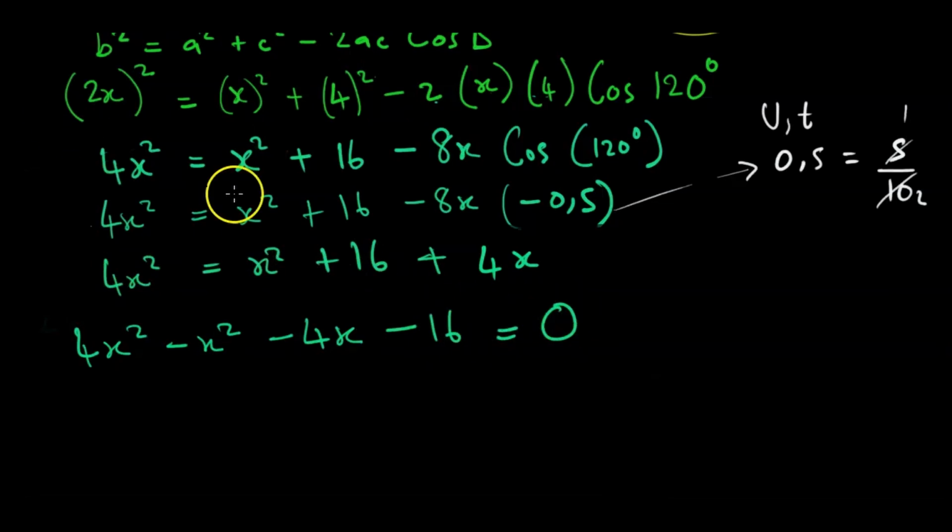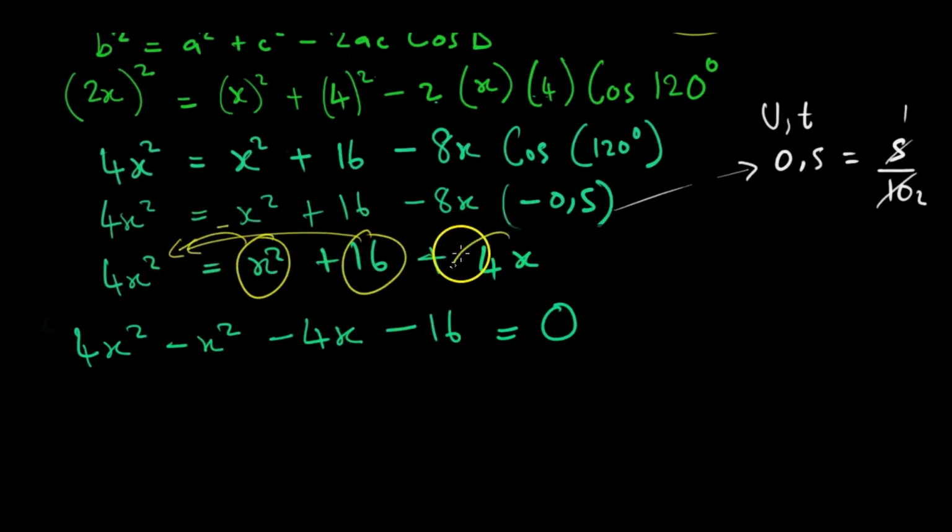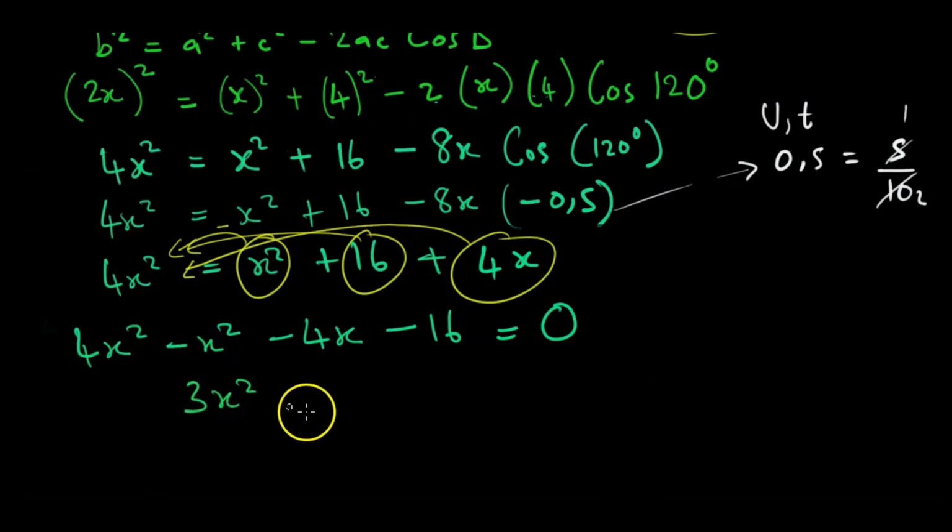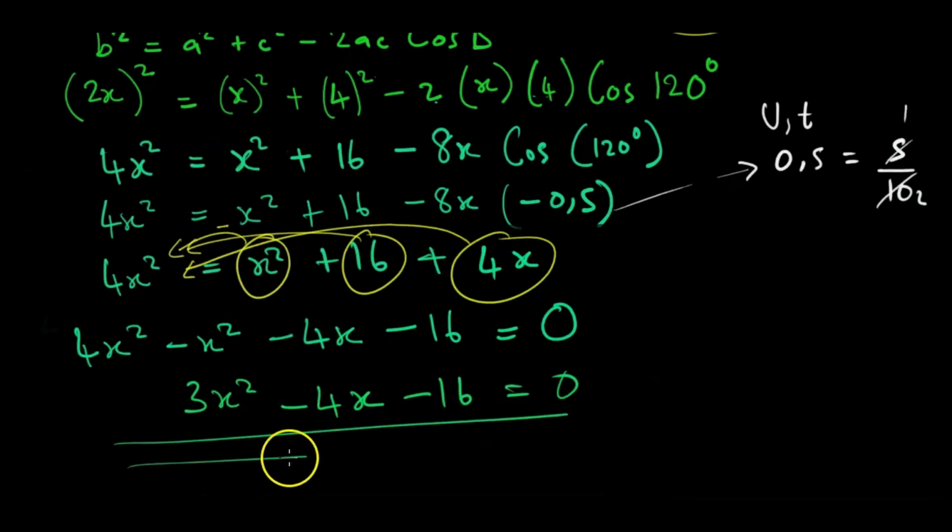So zvaitika panapa hama ndezvekuti x squared yatransfer ichisvika ya minus x squared, 16 ikatransfer ichisvika ya minus 16, 4x ikatransfer ichisvika yava chi minus 4x. Then kana tadaro tikazongoti 4x squared minus x squared tinowana 3x squared. Then it's minus 4x minus 16. This is equal to 0.